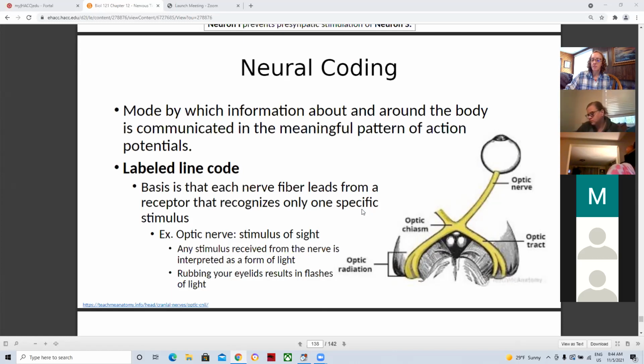The optic nerve, for example, the receptors only know how to recognize a light stimulus, something that involves photons, light waves. This is probably the coolest example I know of in the nervous system. Your optic nerve only senses light.